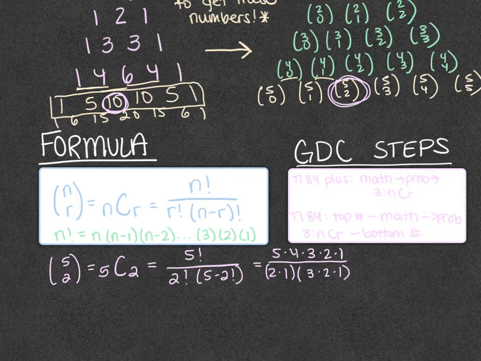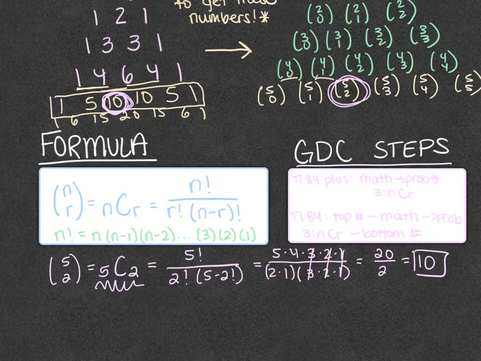Then these terms cancel out, so I end up with 20 over 2, or just 10, which is exactly what we had in our Pascal's triangle. So both of these ways are valid ways to get our coefficients. However, combinations are going to need to be used once you get to larger numbers, because it's going to take too long to use the pattern to write out Pascal's triangle to the 20th line.